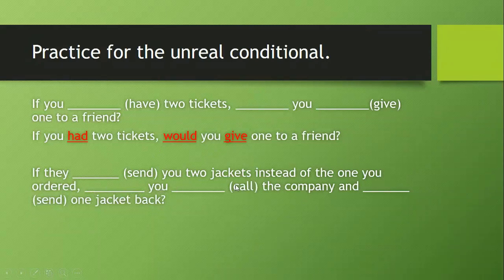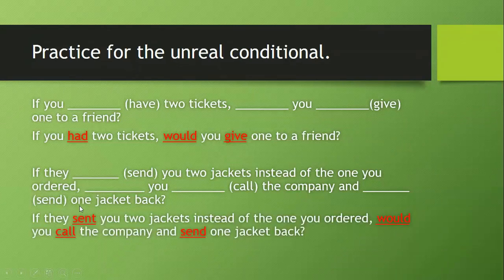This verb send is actually after the would, right? Then it will be the same. Then let's see. If they sent you two jackets instead of one that you ordered, would you call the company and send one jacket back? Would you do it?